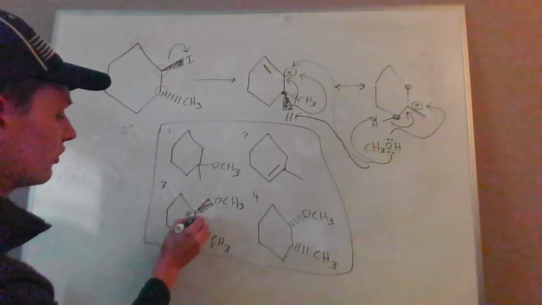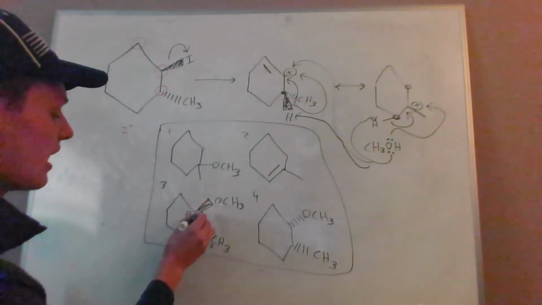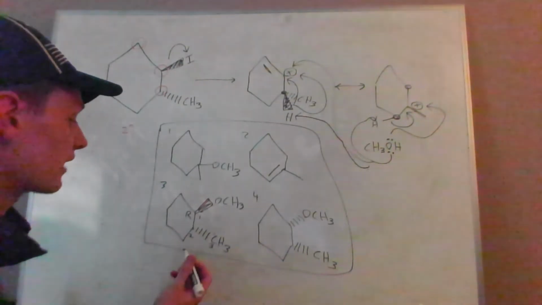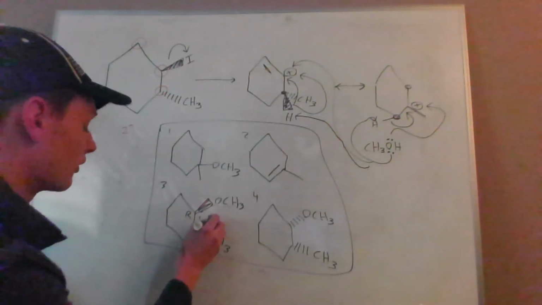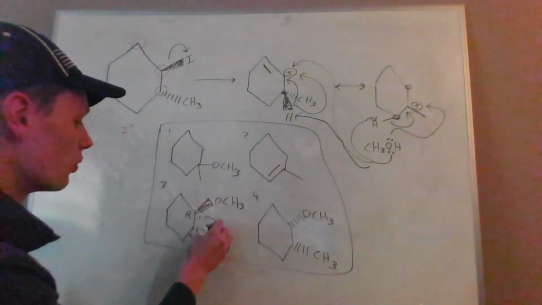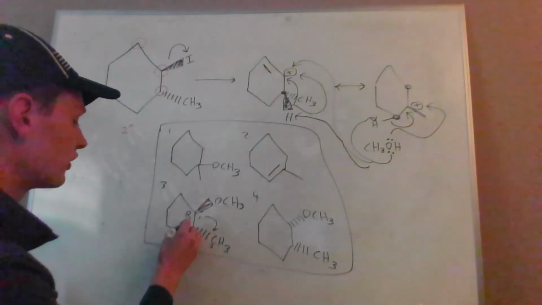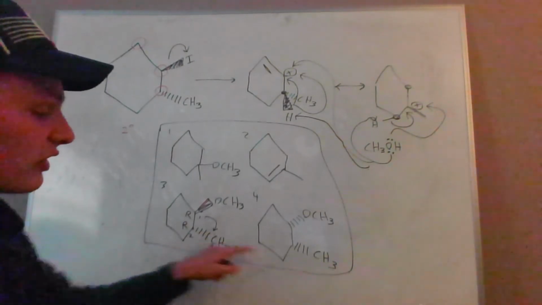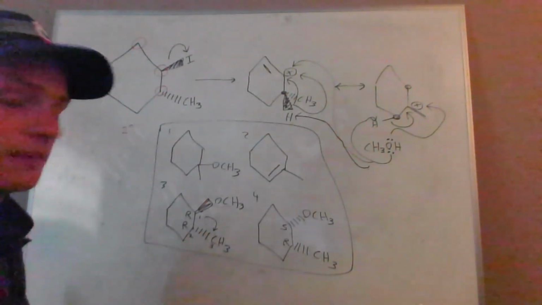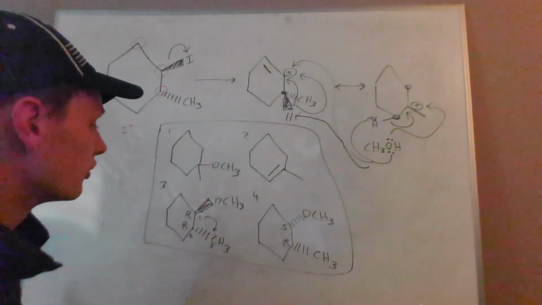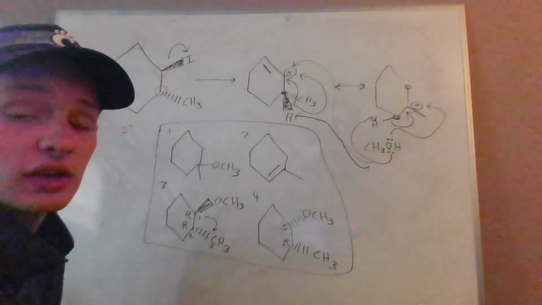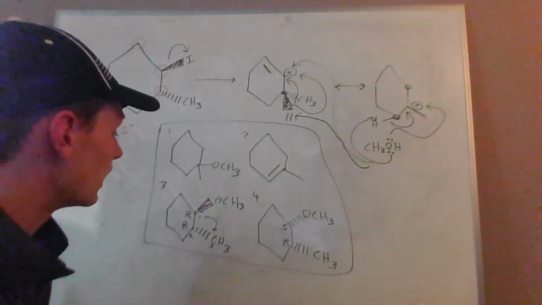But what this means is that instead of going 1, 2, 3 like that, because the hydrogen is in the front, we are actually going to go in reverse order. So instead of going 1, 2, 3, we're going to go 1, 3, 2. So once again, we're going to be R. Now, this doesn't change, so this is going to be R, and then this is going to be S. So as you can see, those are going to be diastereomers. They are different molecules, and you do need to show them in your answers.